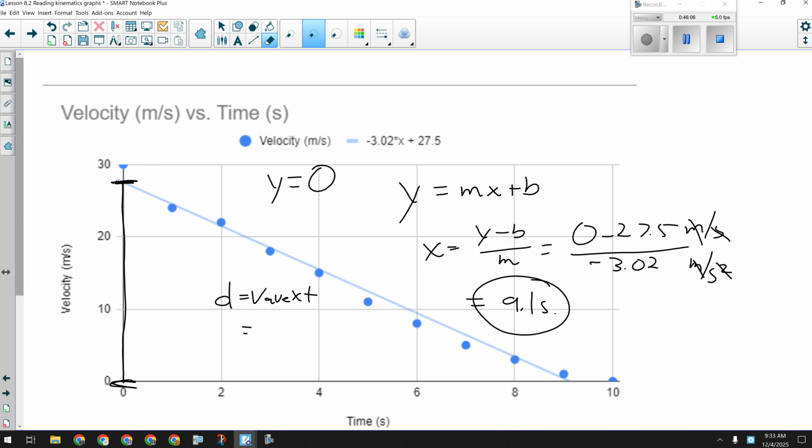So the average speed is halfway in between. So I can just go base, that's time, times height over 2, that's average velocity. So the base is 9.1 seconds, that's why I had you calculate it. And then times the height over 2, 27.5 over 2.